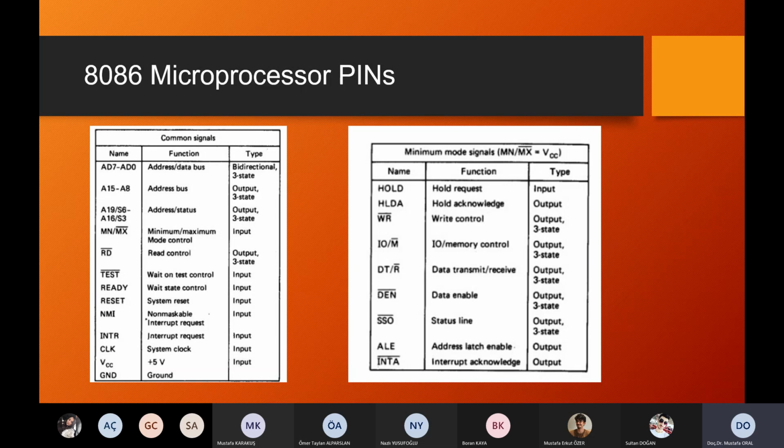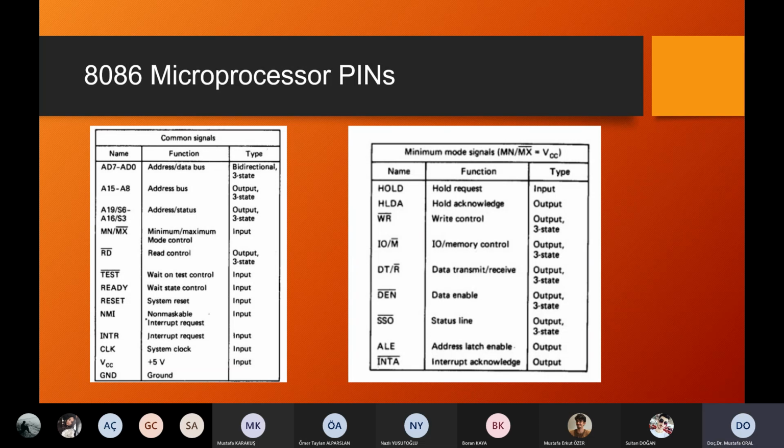You cannot see these in maximum mode. So what I can do is give you some signals and ask which of these are common signals and which are minimum mode signals. You can identify them according to their functionality, and say that these signals are minimum mode signals, and the rest are common signals.